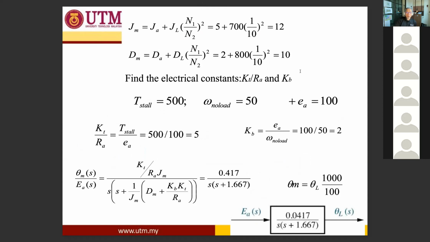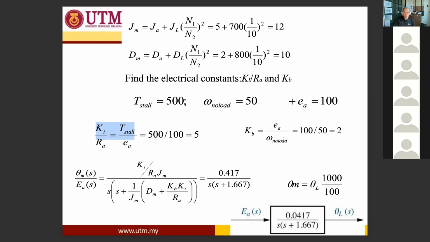JM 12, dM 10. Find the electrical constants KT over RA and KB. Since the T stall is 500 and omega no load is 50, and the supply EA is equal to 100, by using the formula here, KT over RA is T stall over EA, we get 5, and KB is equal to EA divided by omega no load, which is equal to 2.